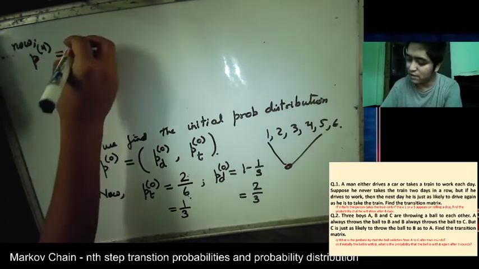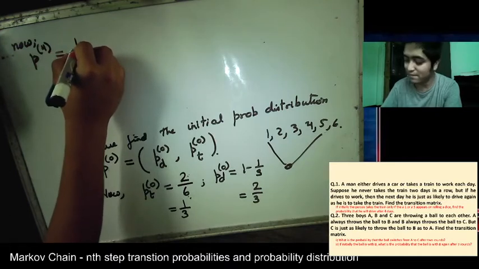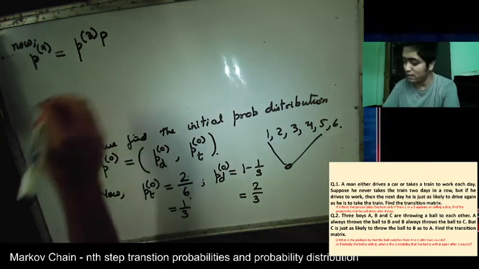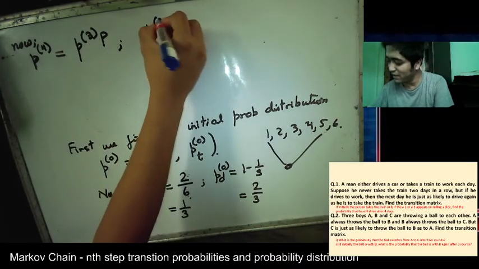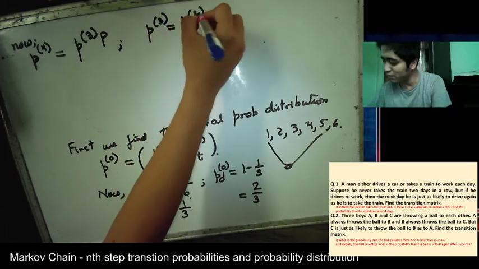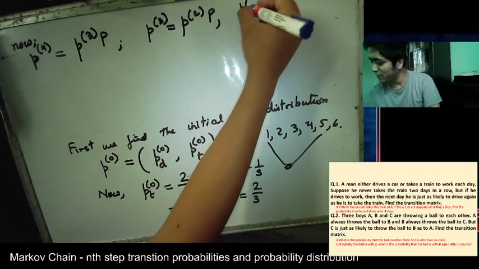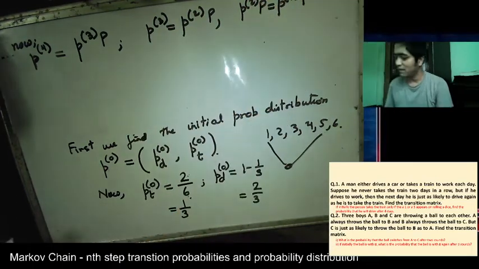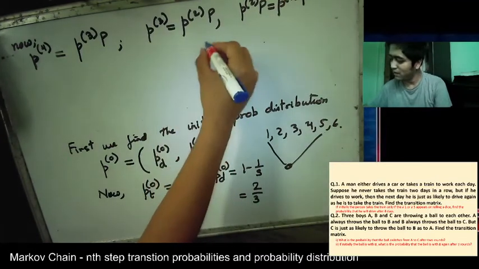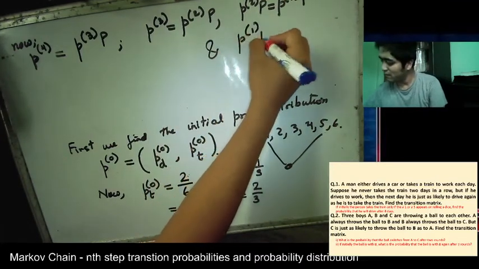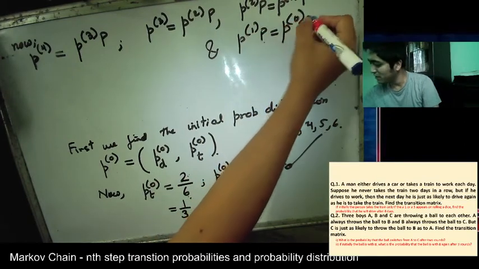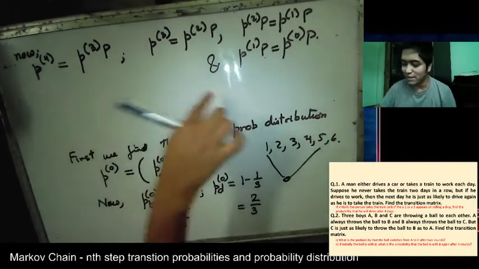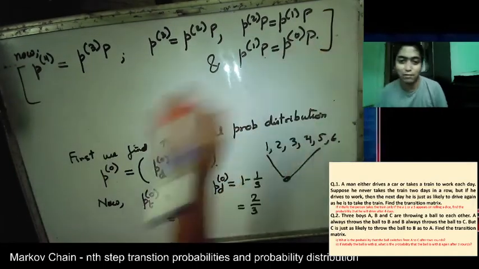This one can be written as P3 P. But P3 can be written as P2 P, P2 can be written as P1 P, and P1 can be written as P0 P. If you are seeing this pattern, I will write this in square brackets.